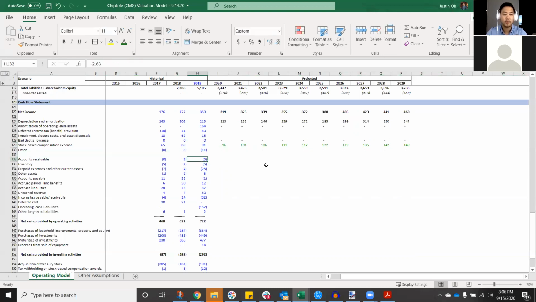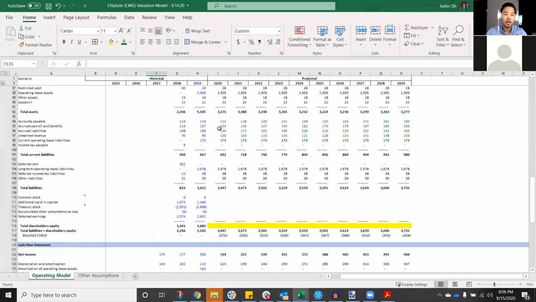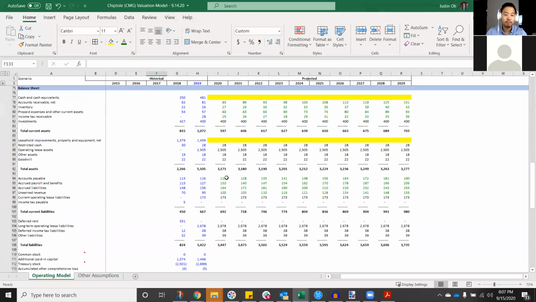So here is what I was talking about. These are the changes in your balance sheet items. If it's an asset and it goes up, it's a cash outflow. If it goes down, it's a cash inflow. But if it's a liability and a liability goes up, that's a cash inflow.